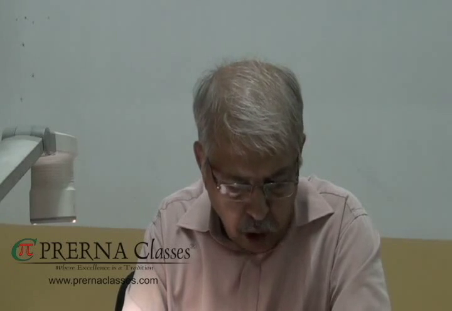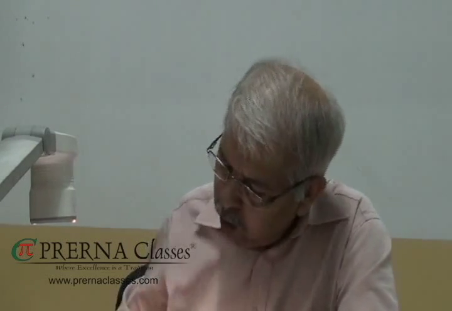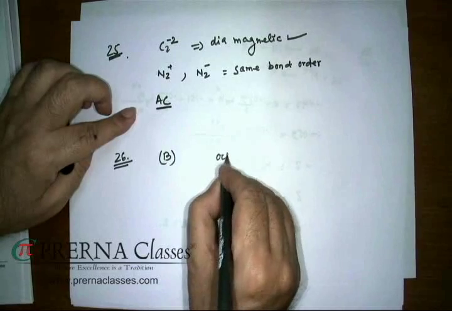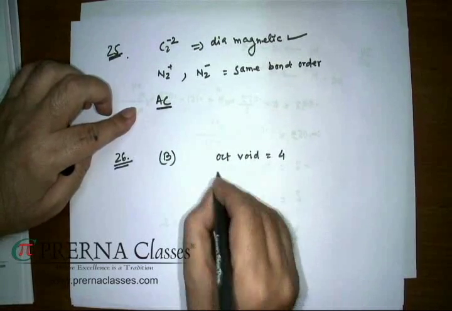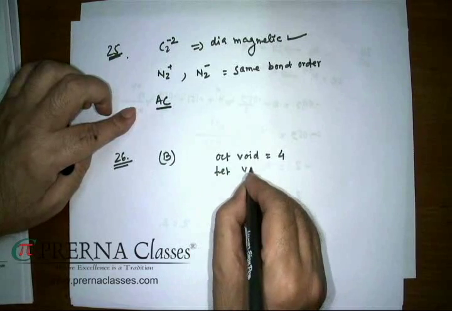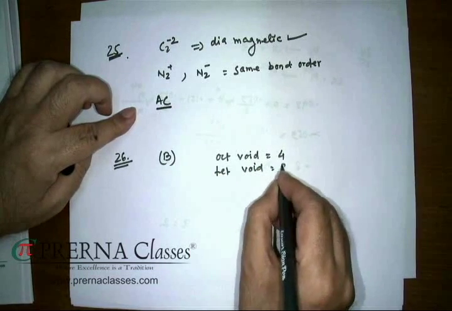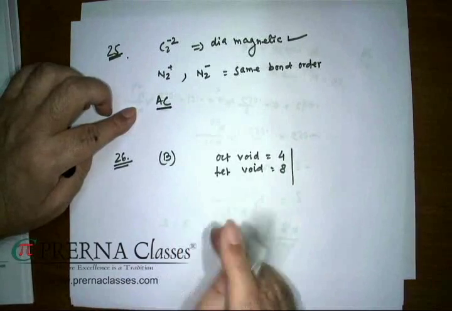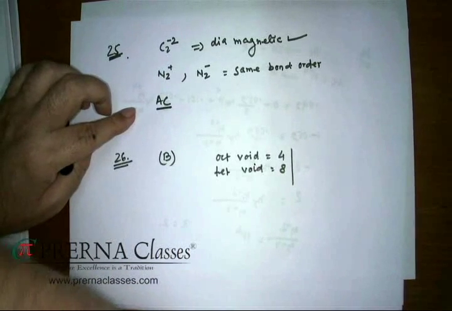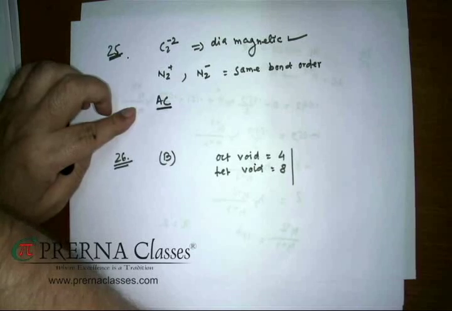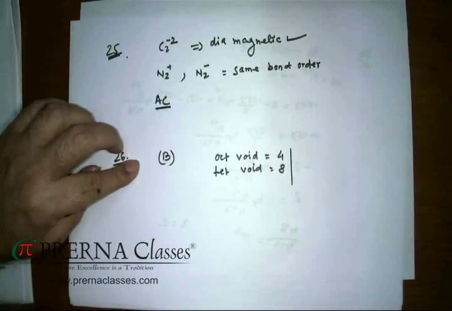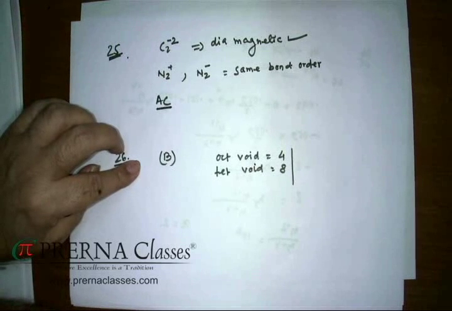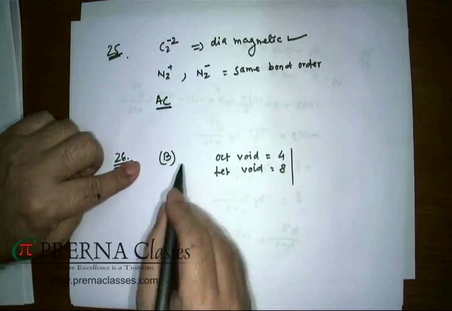The number of octahedral and tetrahedral voids. So the number of octahedral voids will be 4. Number of tetrahedral voids will be 8. Total number of atoms, that will be 4. So octahedral void per atom is 1 and tetrahedral void per atom is 2. That is, C is also correct.